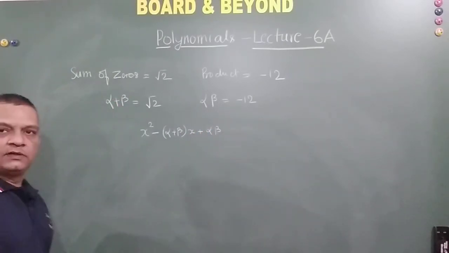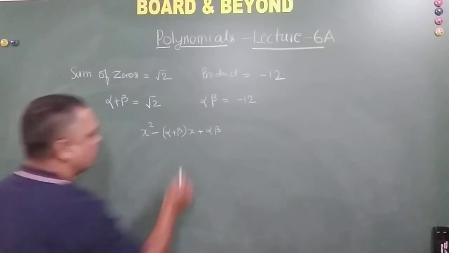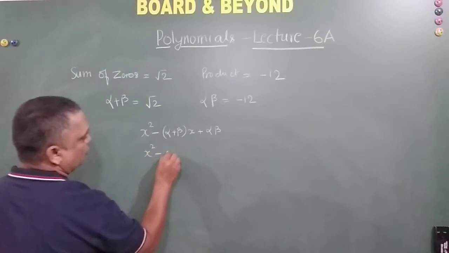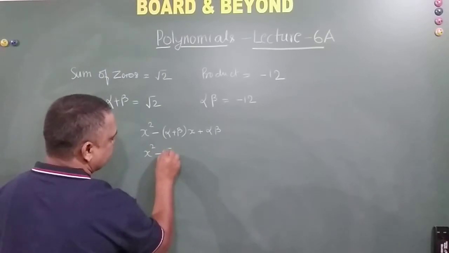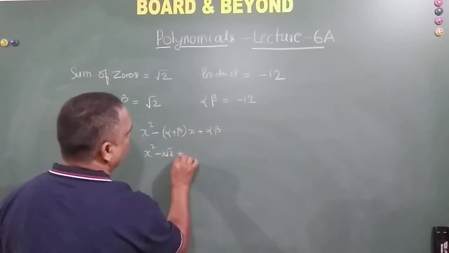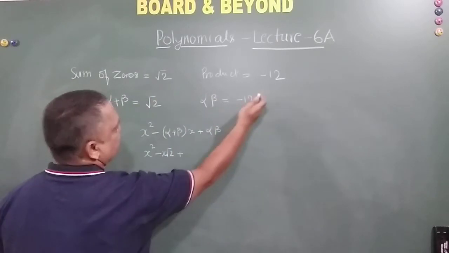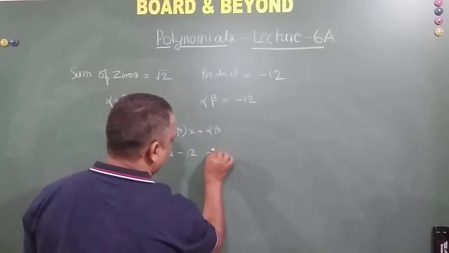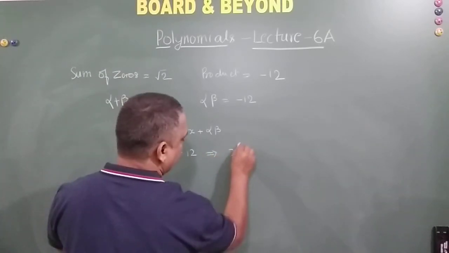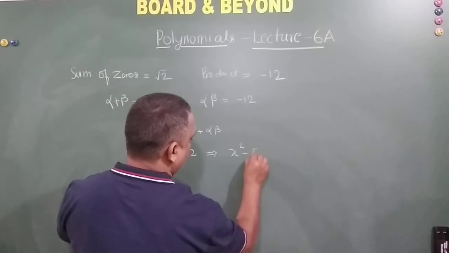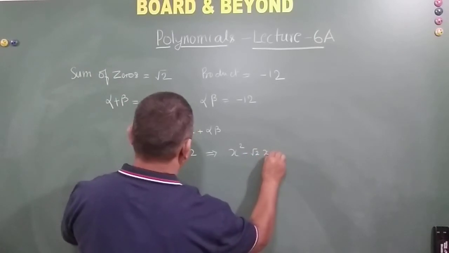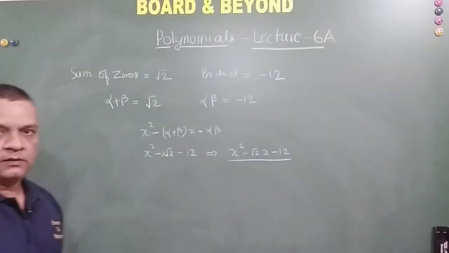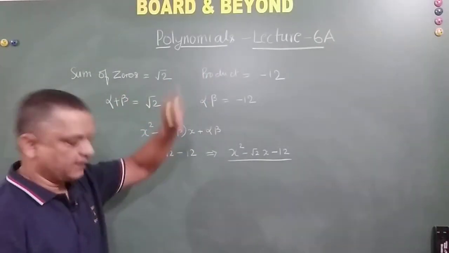This is the standard form of a quadratic equation. Okay. So substituting it here, x square minus (alpha plus beta, which is root 2) x, that is root 2 x, plus alpha beta, which is minus 12, so hence it becomes minus 12. Okay. So I will write it neatly here, x square minus root 2 x minus 12. So this is the quadratic equation we have got as per the data given to us.